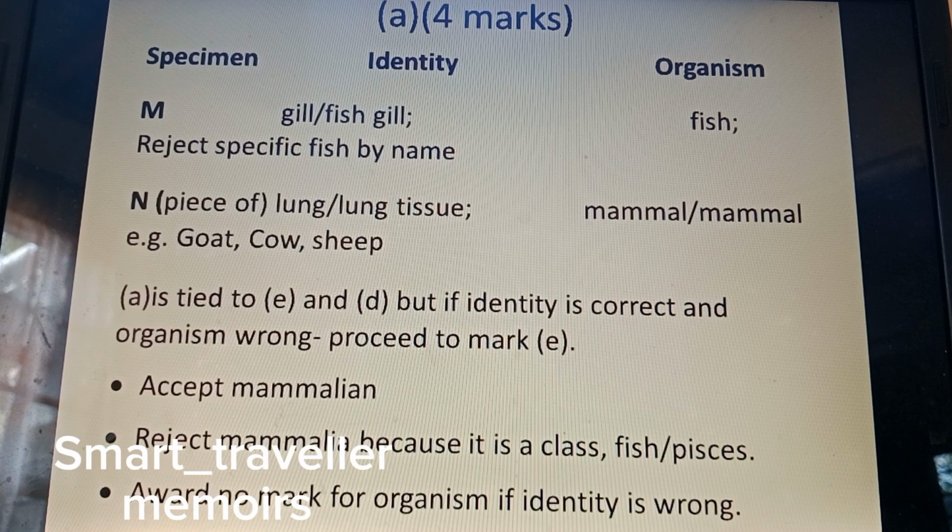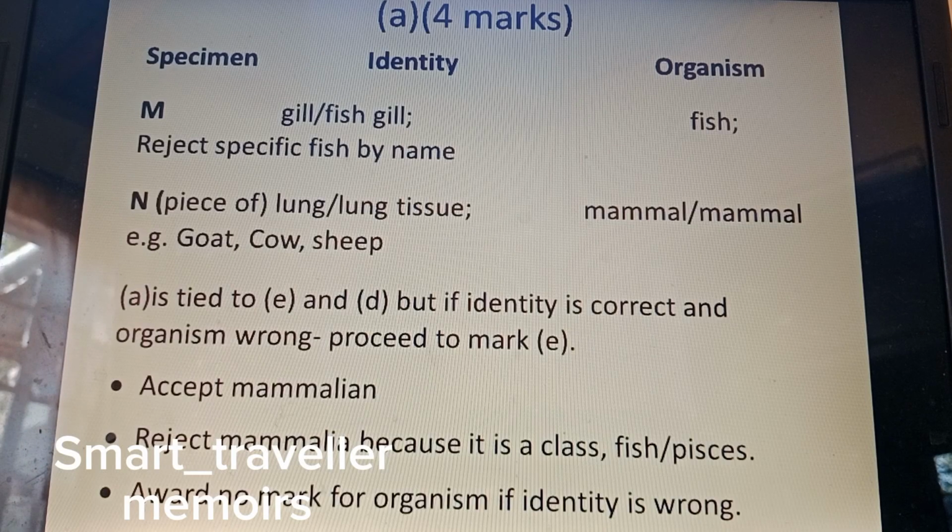Reject pisces for fish because that is a class. I want no mark for organism if identity is wrong. So if somebody does not get the identity, you cannot mark for the organism.